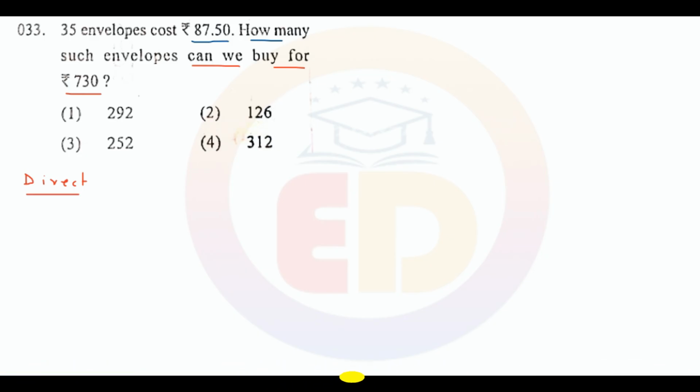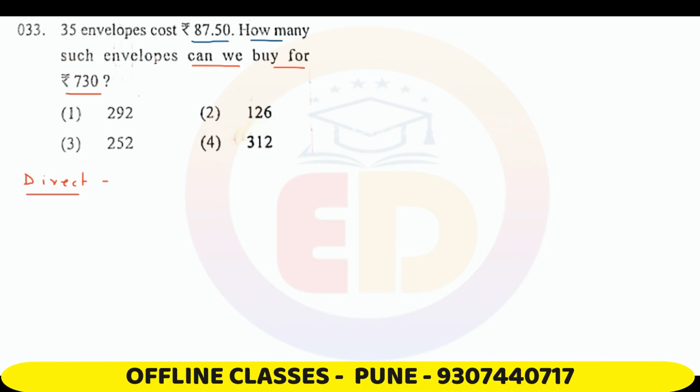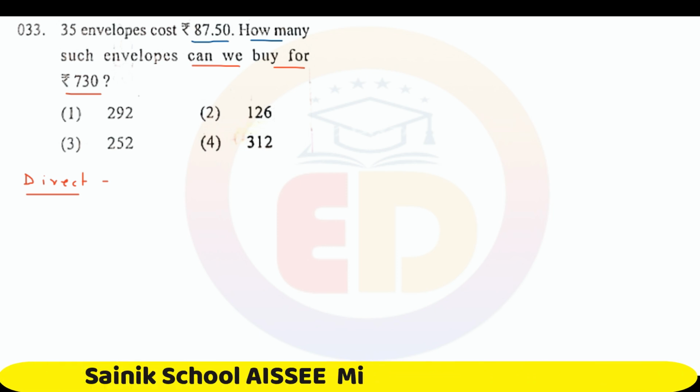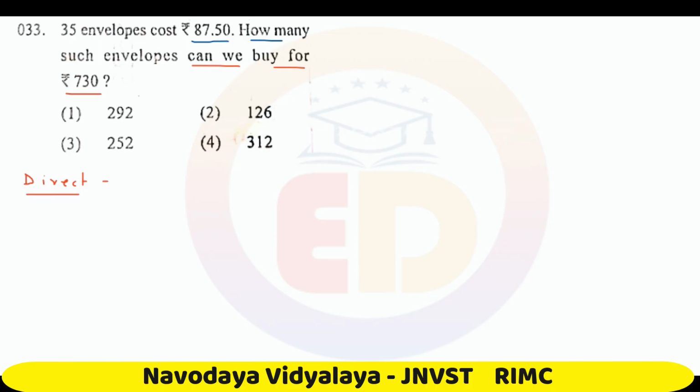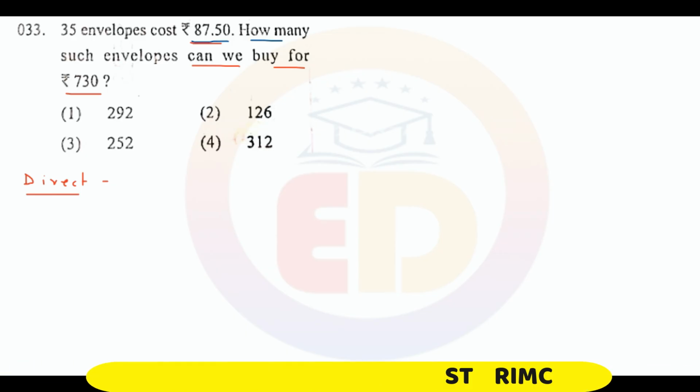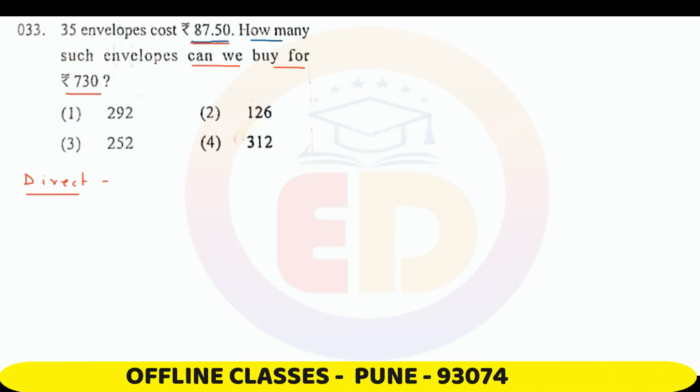This is a case of direct variation, where if one quantity will increase, another quantity will also increase. Another point to note here is they have tried to make the question slightly tricky by giving the cost of 35 envelopes in decimal. So let us break this down.